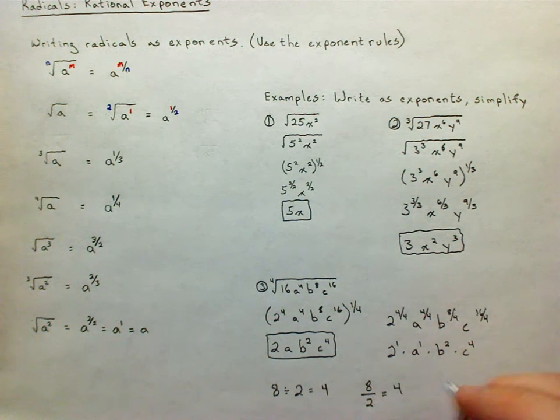Or I could rewrite this problem and say 8 times 1/2. Well, let's make them both a fraction: 8 over 1 times 1/2. What does that equal? 8/2. Multiplying by 1/2 is the same as dividing by 2.